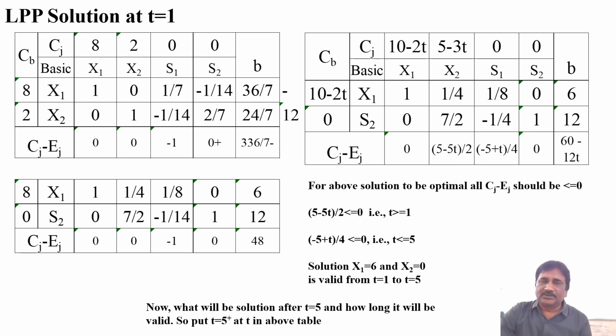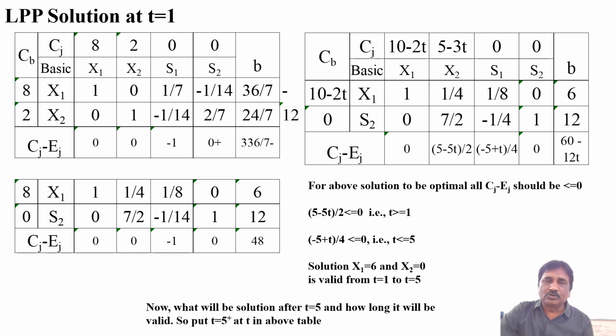So this has the tendency of becoming positive. So I am writing 0 plus there to signify that if t increases, S2 has the opportunity of becoming the entering variable. S2 will be the entering variable.